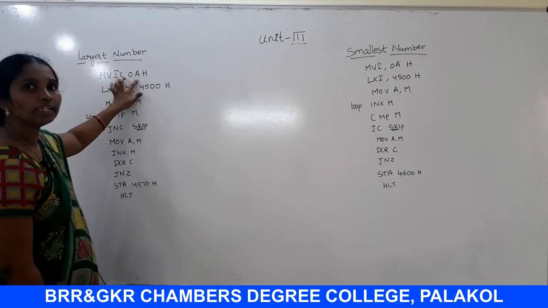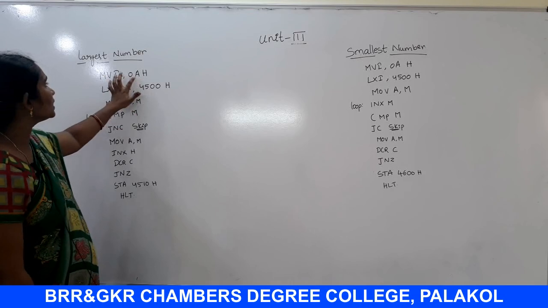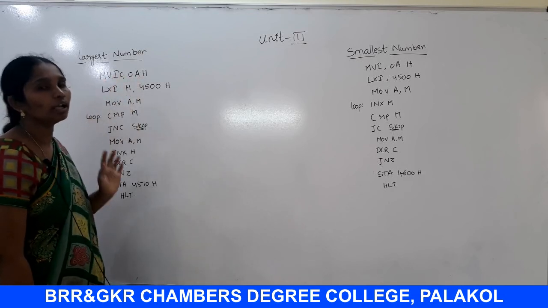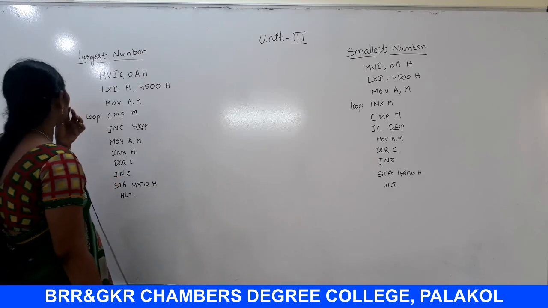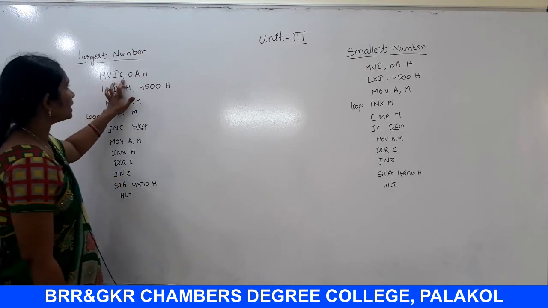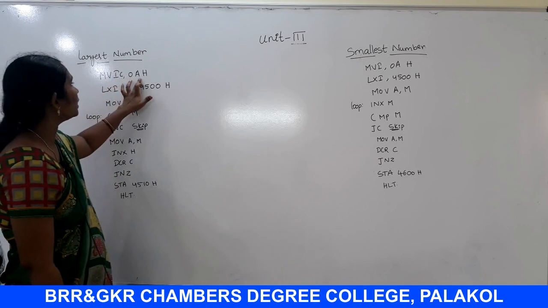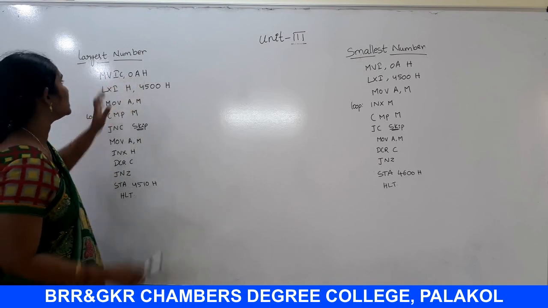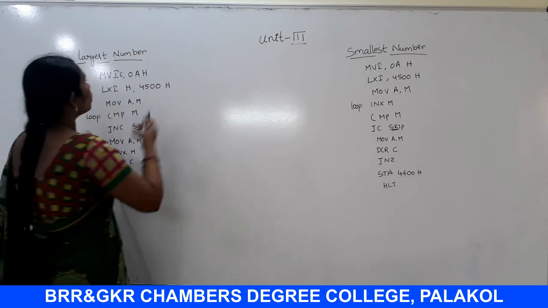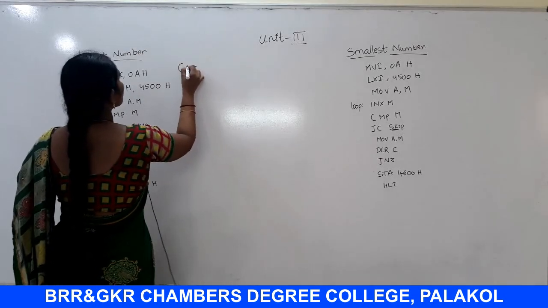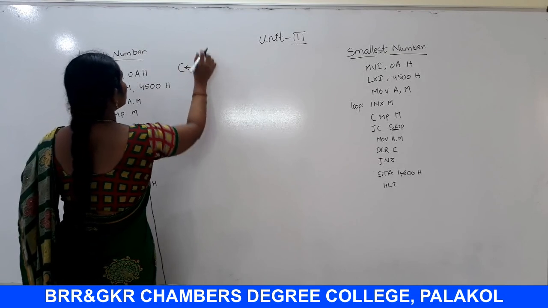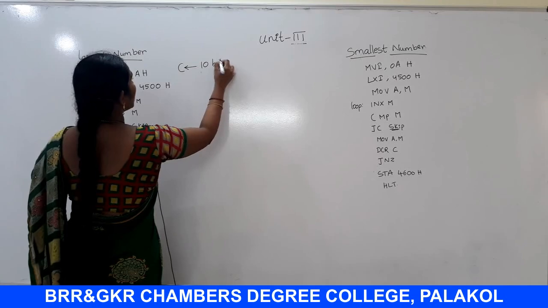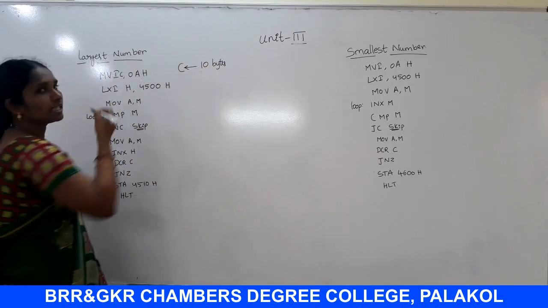The data here is 10, that means you have to compare 10 bytes of data. So MVI C means the 10 bytes of data count is moved to the C register; the C register holds 10 bytes of data.